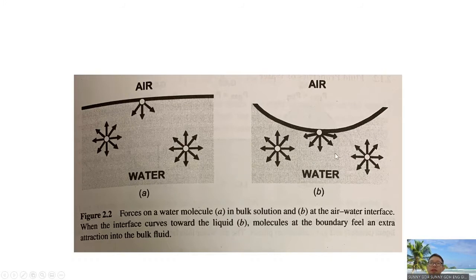Basically, it means that the attraction forces by the water molecules at the surface of water in diagram B are much stronger than the attraction shown in diagram A. So the pulling forces in diagram B are much stronger, right? As a result, it caused the cave-in to take place.